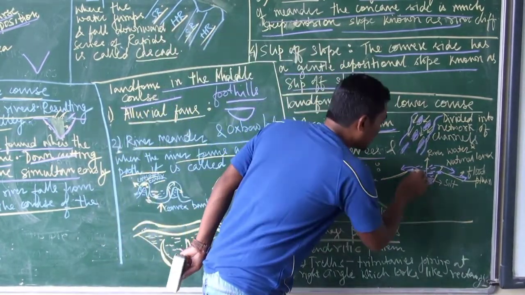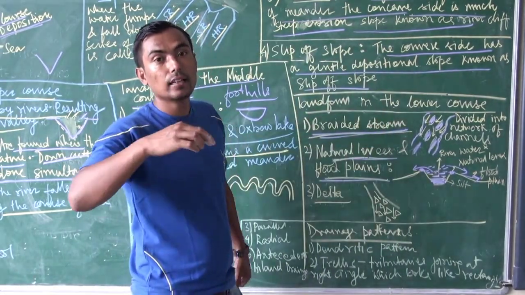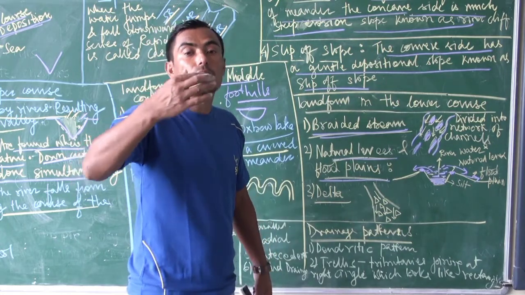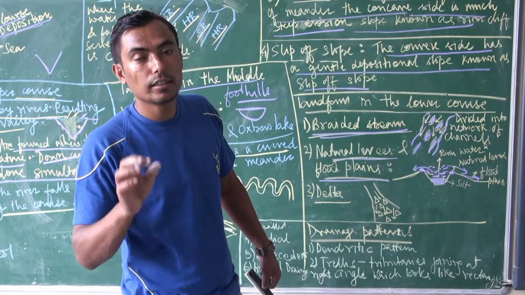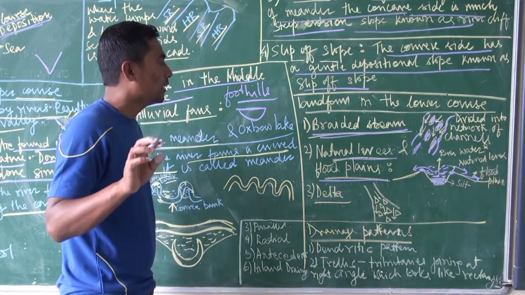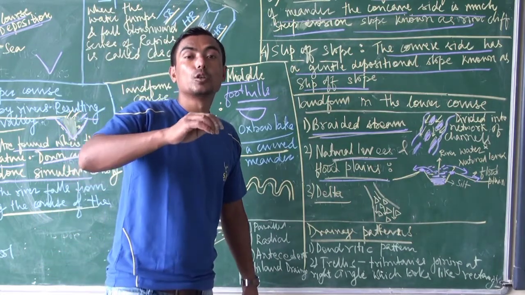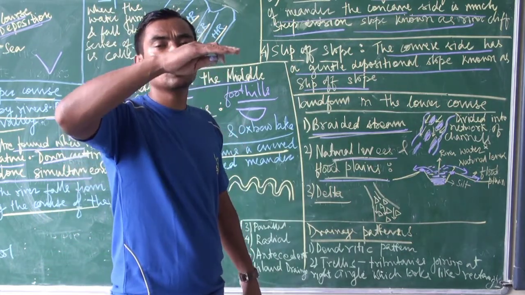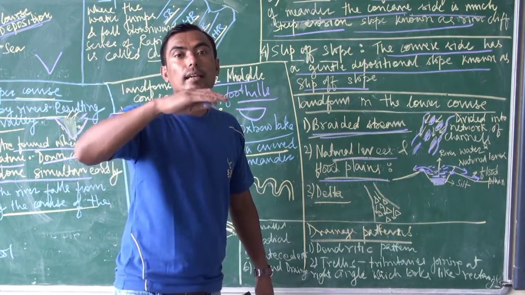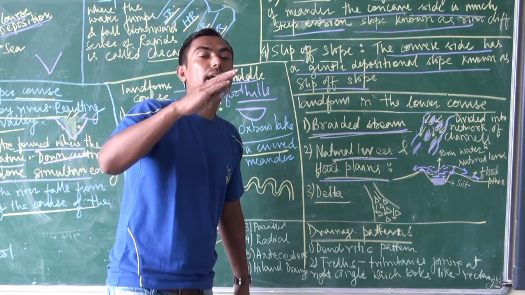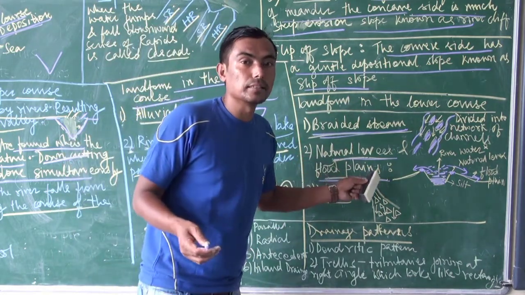The natural levees are the higher elevation, meaning the land which has higher elevation compared to its surrounding areas along the banks of the river. The floodplains are those areas where, due to the increase in water level, the water flows towards the inhabited area or the agricultural land.